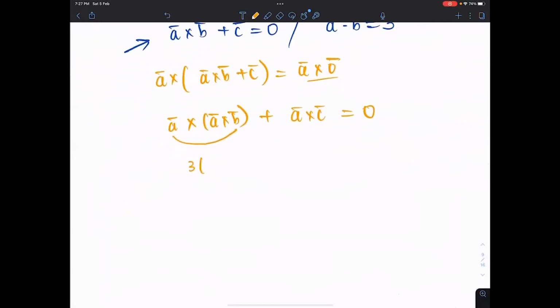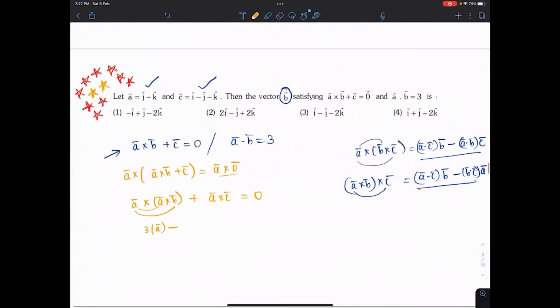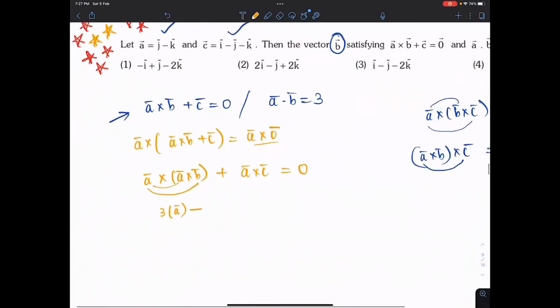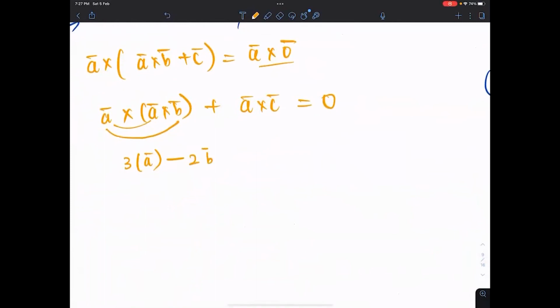What is remaining vector? A bar. Minus inner dot. Inner dot is A bar dot A bar. What is A bar dot A bar? Mod A whole square. What is mod A? Root 2. Mod A whole square is 2. 2 times remaining vector B bar plus A bar cross C bar equals 0. So what will be B bar? 3 times A bar plus A bar cross C bar divided by 2.